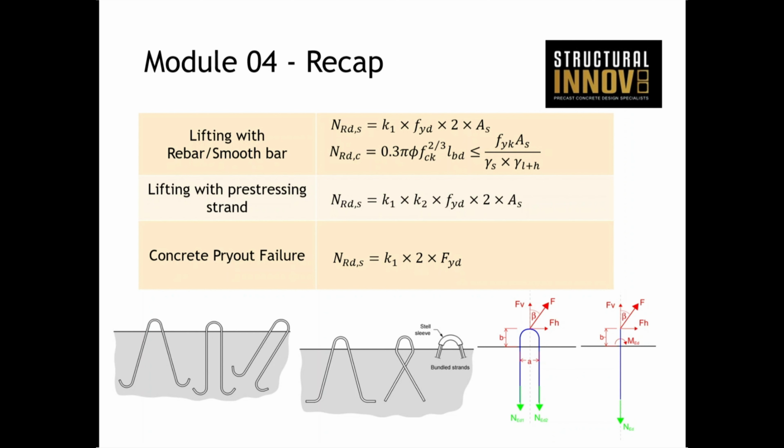So essentially, when we lift with rebar or smooth bar, we have this formula here for the steel strength up on top. Essentially, what you have is two legs, the strength of the bar, and the area of steel, two legs. And we had this K1 factor, which represented a reduction factor to do with the bend diameter of the loop in relation to the hook, etc. So there are some reduction factors there, and that was your steel check.